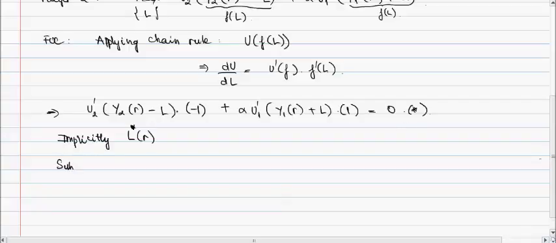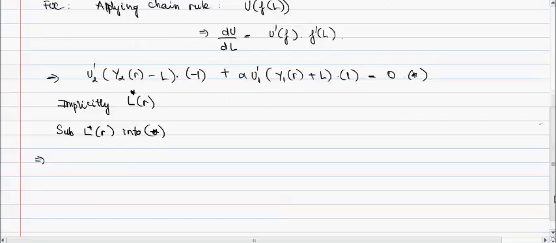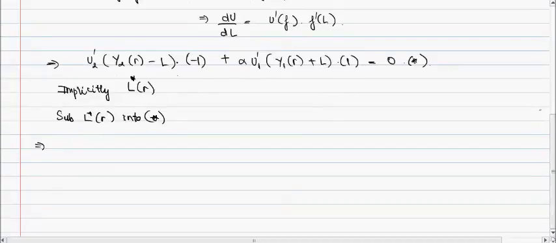Alright, so if I substitute L star back into the star equation, then it should satisfy the star equation, because it's just the optimal amount of L that I find from the star equation. So what I'm going to have here is u2 dash as a function of y2 as a function of r, minus L star as a function of r.